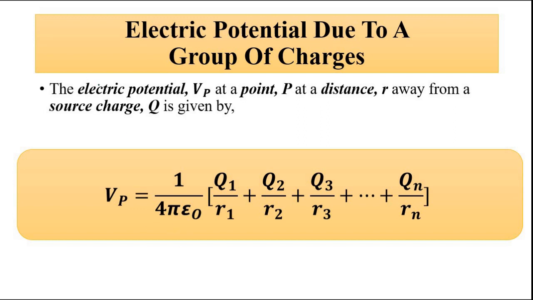It is for free space, and if it is in any other medium, then instead of epsilon 0 we will have epsilon 0 epsilon r. Epsilon r is the relative permittivity of the medium, or it is also called the dielectric constant. This is due to a group of multiple point charges.